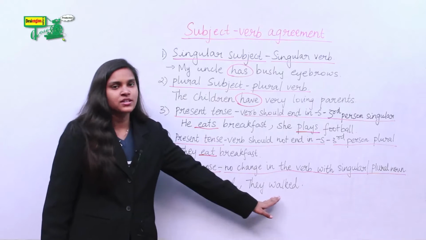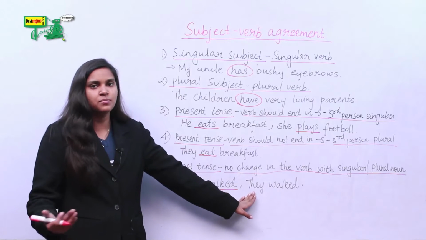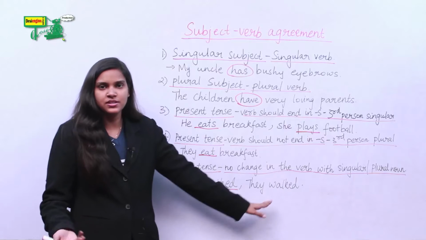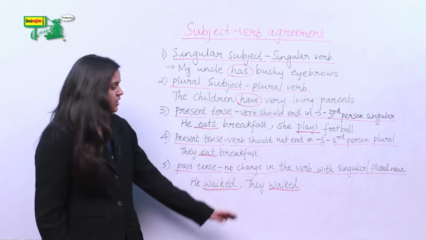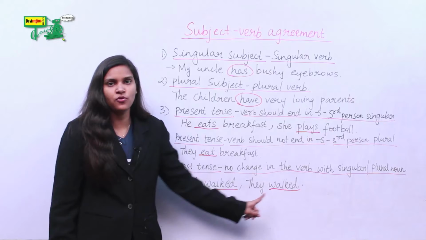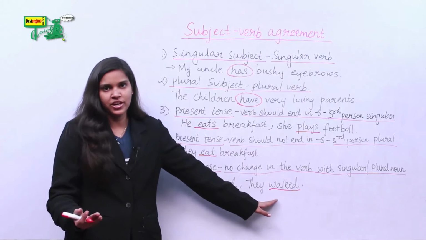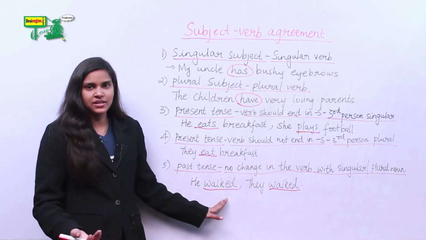They walked. Here the subject is in third person plural form. Yet the verb is again walked. It has not changed its form according to the subject because here the sentence is in past tense.